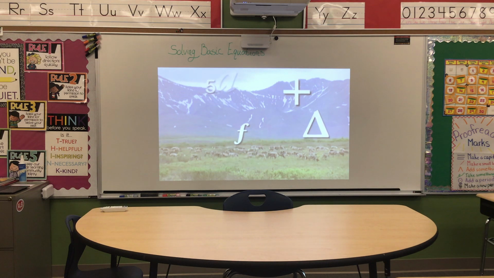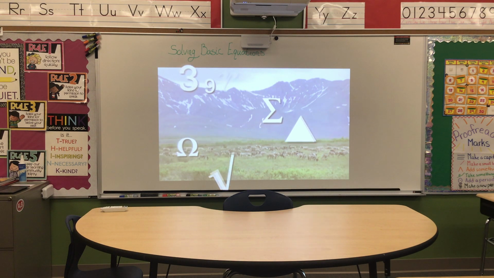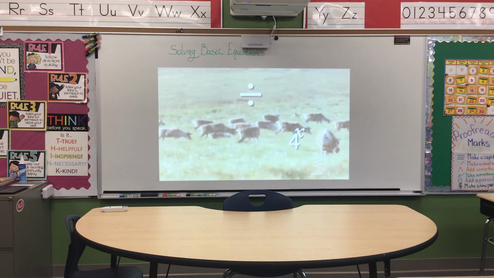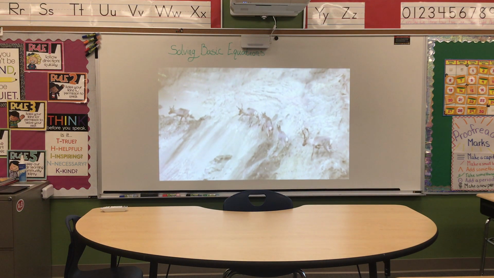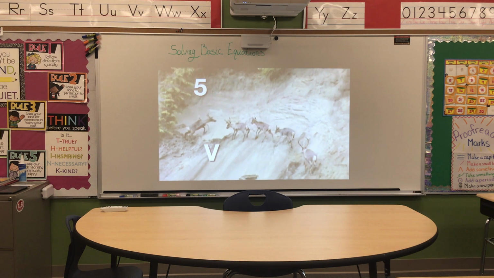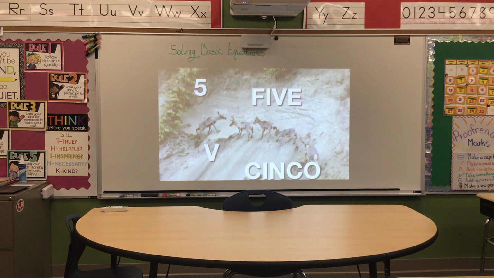In the mathematical world, symbols are used in several ways to represent numbers, special quantities, and values that are unknown. Numbers have a written name. For instance, the numeral 5, the Roman numeral 5, the word 5, and cinco in Spanish are different symbols that stand for the same quantity, this many.